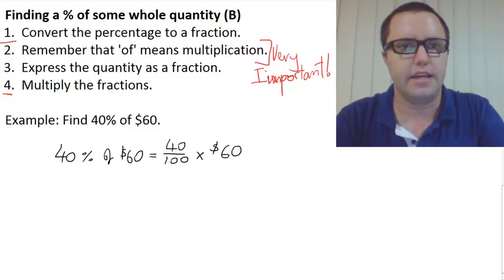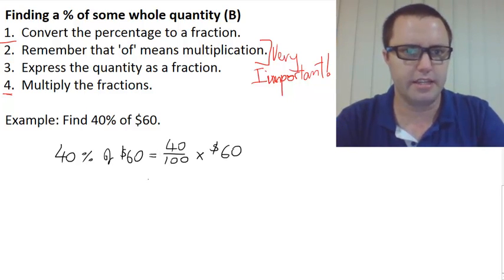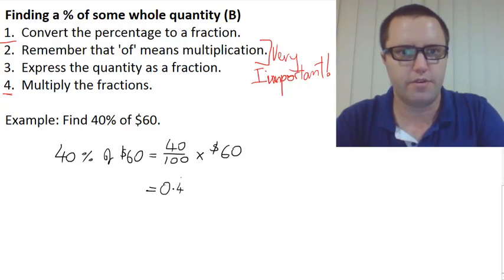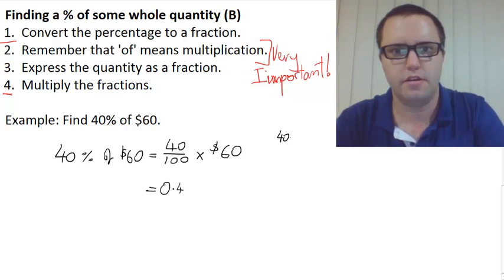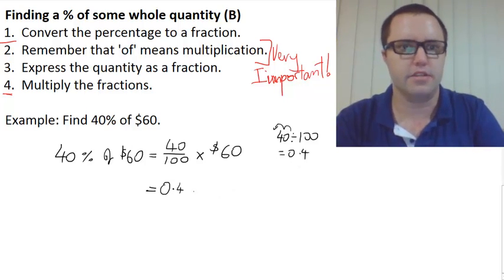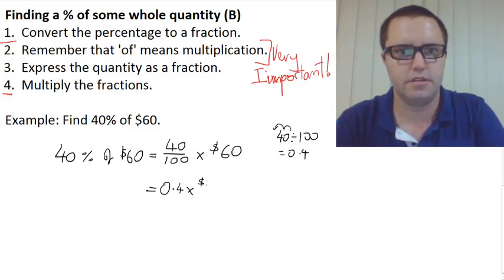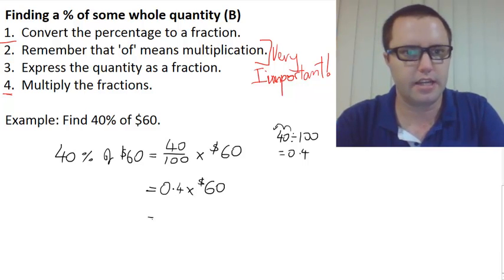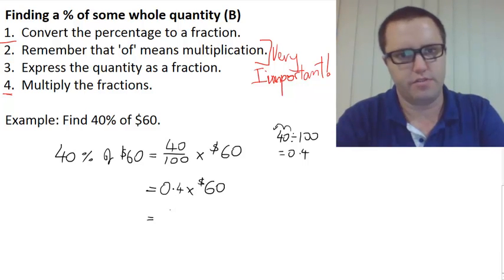Now, because we can use our calculators, rather than worrying about multiplying our fractions together, let's think about that 40 over 100 is the same thing as 0.4. If we move our decimal place 2 spots, we're going to get 0.4. So 0.4 times $60. Chuck that in your calculator and you'll get out $24.